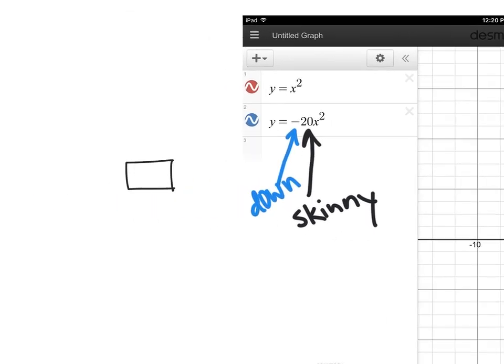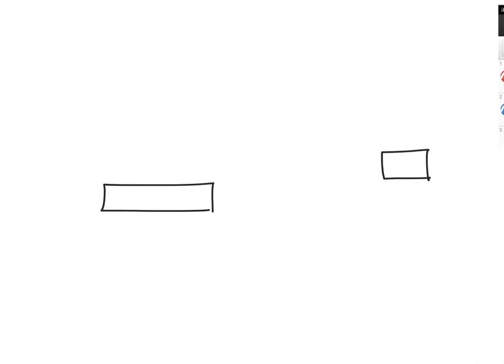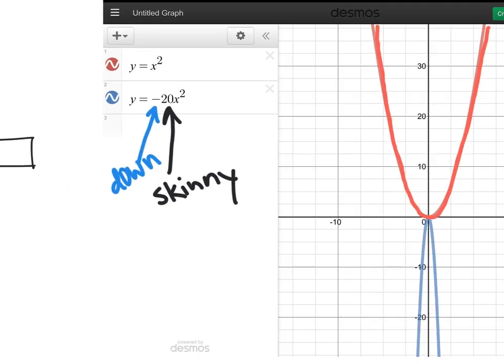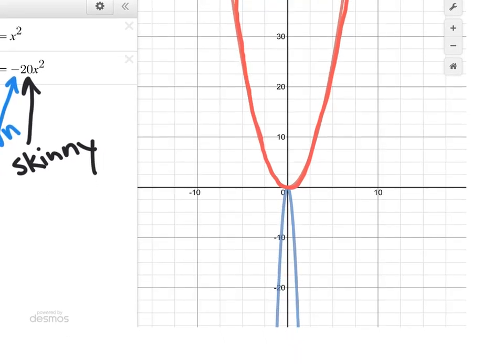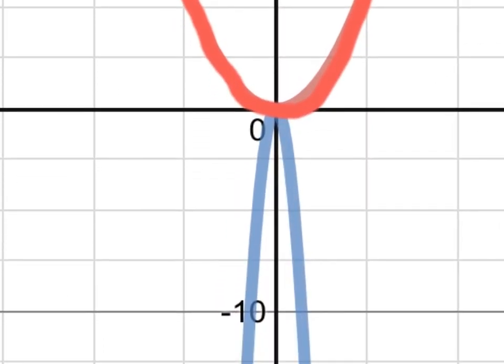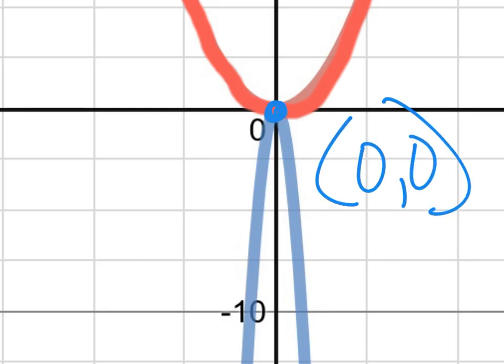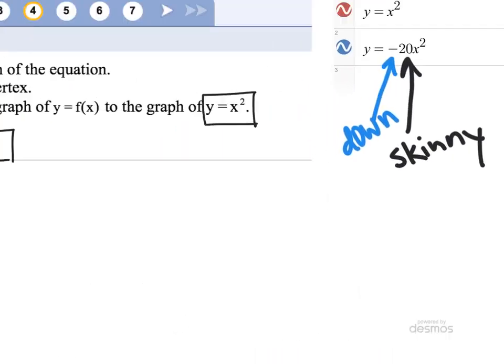All right, so when we go back here, what is the vertex of our new transformed parabola? Well, we might have to zoom in, but we can see our vertex is right here at 0, 0. So we don't have to worry about any math.